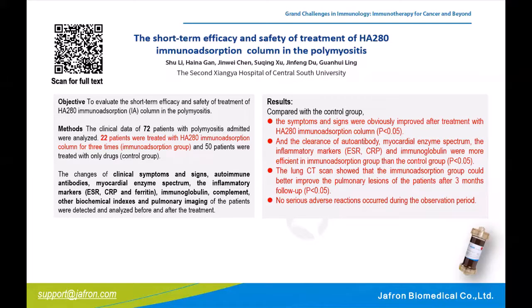And we were quite surprised by the results. First, the symptoms and signs improved significantly with HA280, and also the clearance of autoantibodies and myocardial enzymes, and the inflammatory markers such as ESR and CRP, and also immunoglobulin, were significantly more efficient in the immunoadsorption group. And when they checked with lung CT scans, the immunoadsorption group showed significant improvement in pulmonary lesions after 3 months.